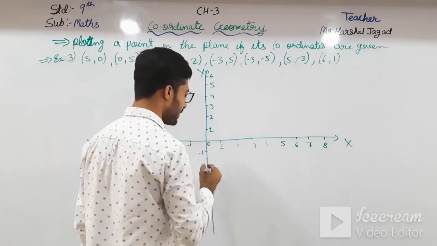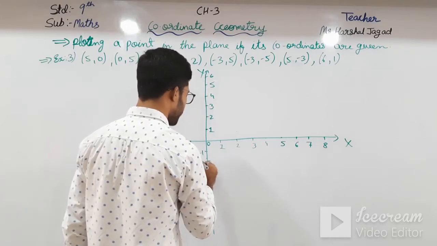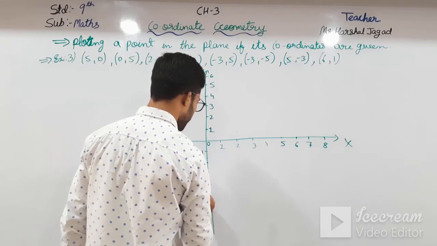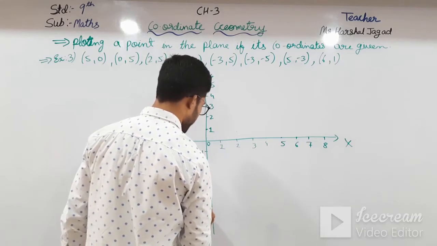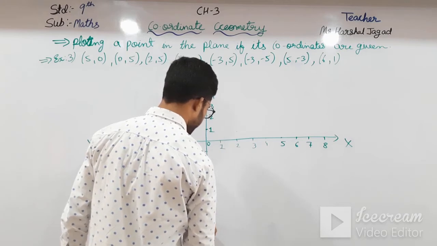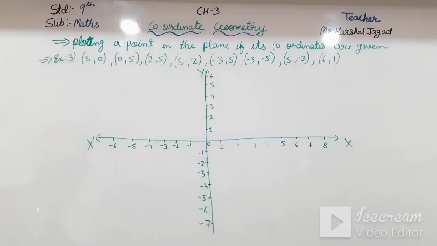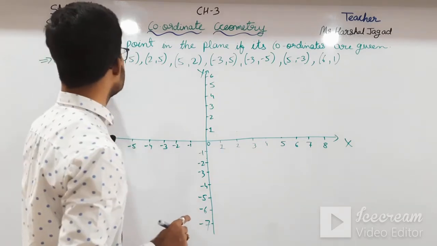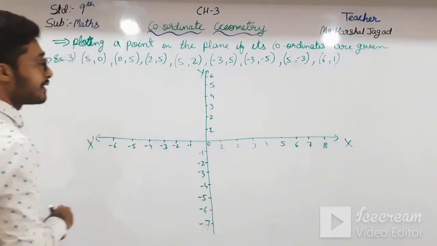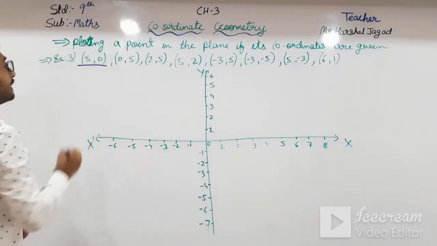Here will be the origin 0, -2, -3, -4, -5, -6, -7. Okay students, these are the points. Now we have to find these points. Okay students, so how will we find them? One by one, starting with 5, 0.